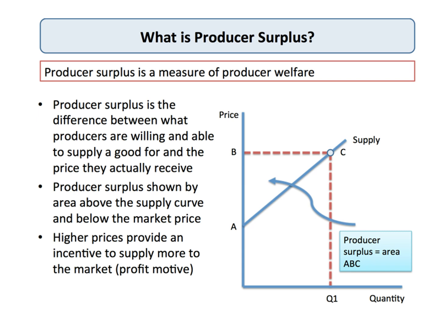Producer surplus is the efficiency gains received by sellers in competitive markets. It is the difference between what producers are willing and able to supply a good for and what they actually receive. Reconsider the supply curve. The upward sloping supply curve represents the various amounts of a good, service, or resource that sellers are willing and able to make available for sale, at a series of prices, over a specified amount of time, other things equal.